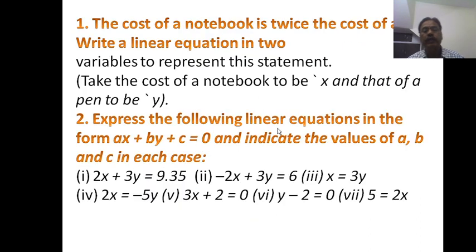Express the following linear equations in the form ax plus by plus c equal to 0 and indicate the values of a, b and c in each case. So let us see how we write these linear equations in that form. That form means ax plus by plus c equal to 0.